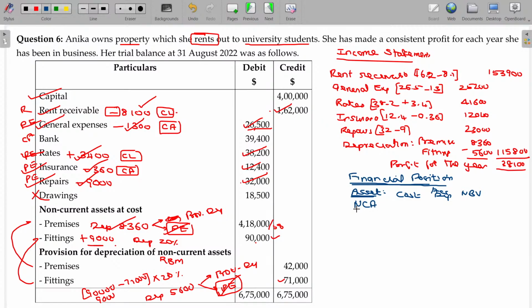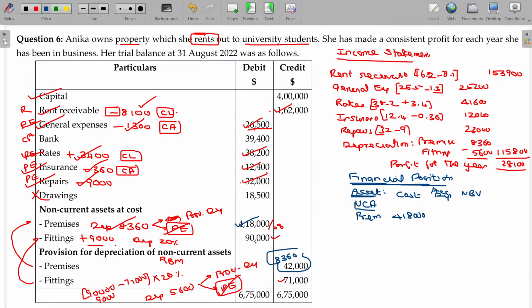We'll start with the premises. Premises 4,18,000 rupees will be the value here. And the depreciation, rather than subtracting from the cost, you can add this with the provision for depreciation. 8,360.